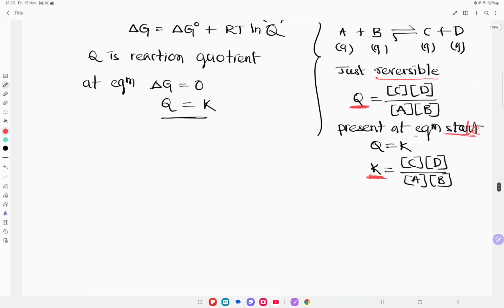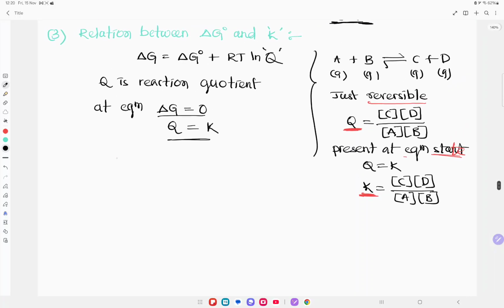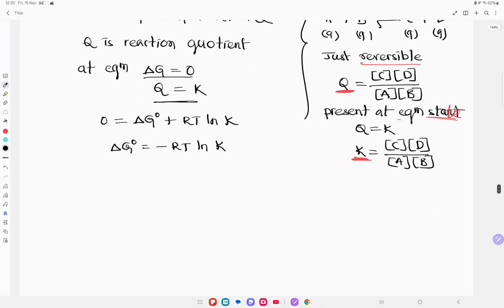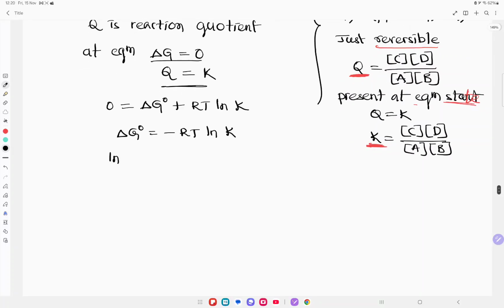Hope you understood. So whenever delta G is equal to 0 and Q is equal to K, what you can write: 0 is equal to delta G naught plus RT ln K. From that, delta G naught is equal to minus RT ln K. Since ln is base e, that is equal to 2.303 log base 10.